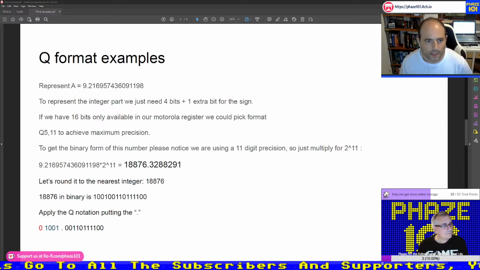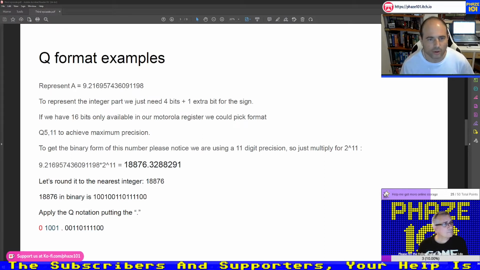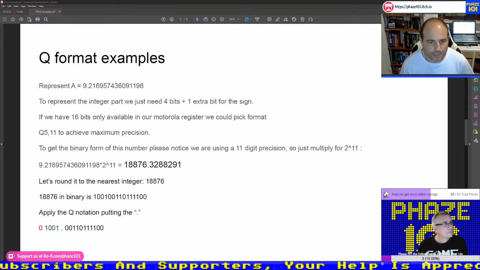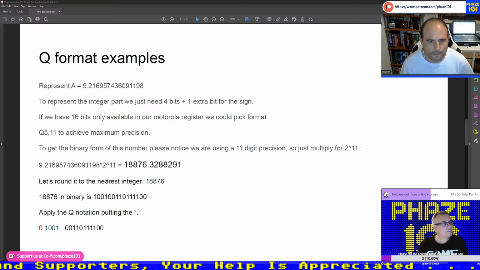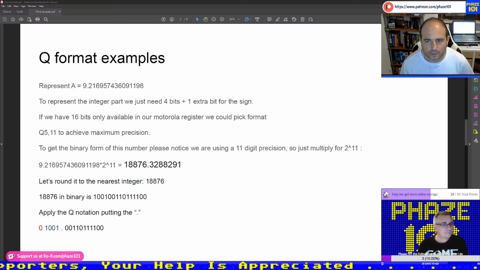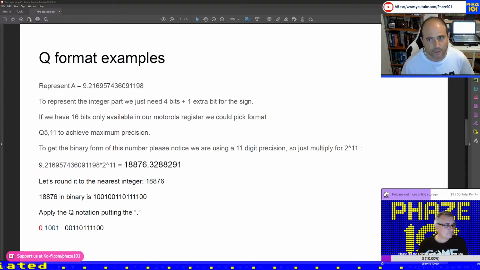But anyway, to get the binary form of this number 9.21, etc., what I do is I just multiply the number by 2 elevated to 11, and 11 is the number of digits that I use for the decimal part.